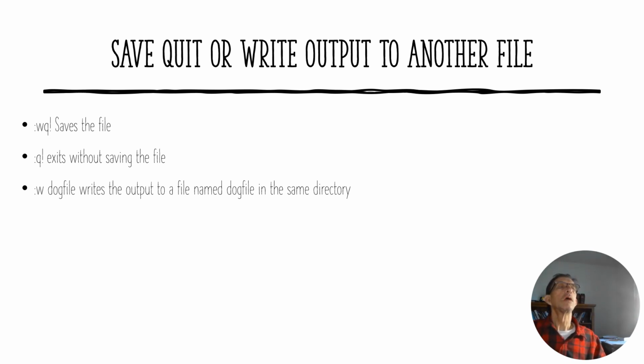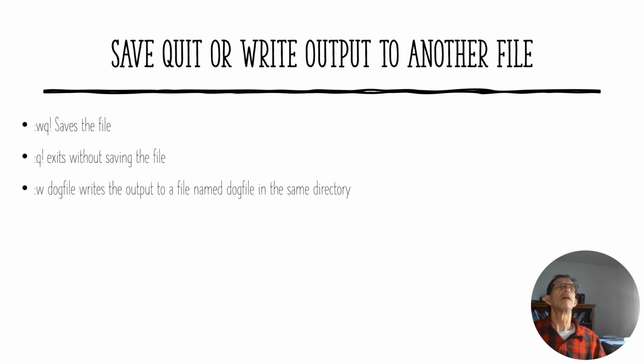If you put :q and then exclamation, it will exit without saving the file. So if you said, wow, I really messed this up, I got to get out of here, you do a :q and then exclamation.